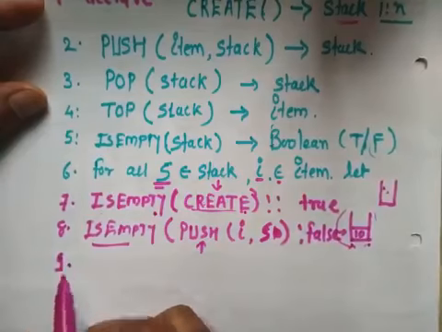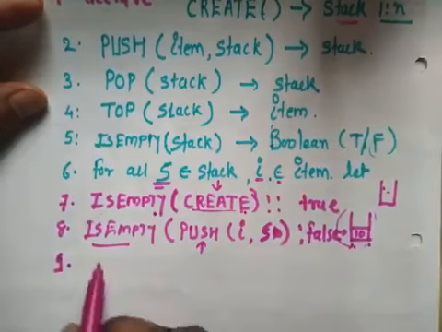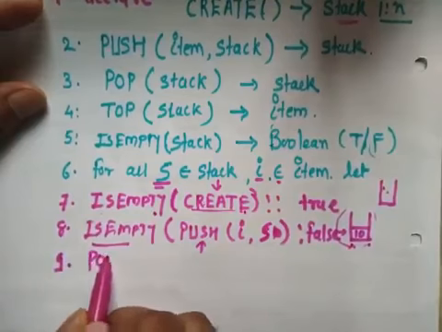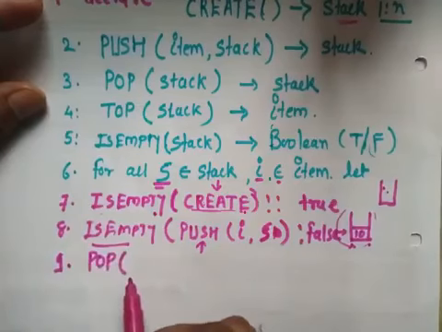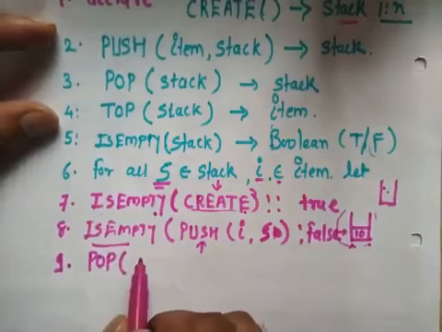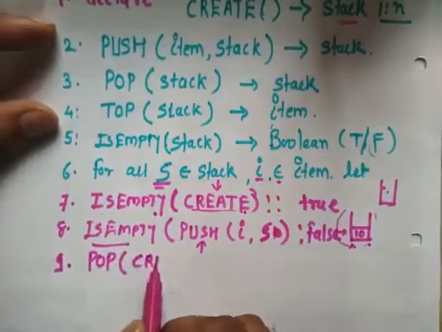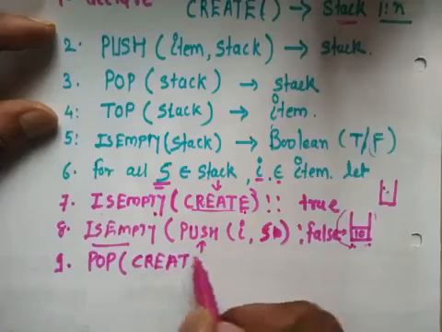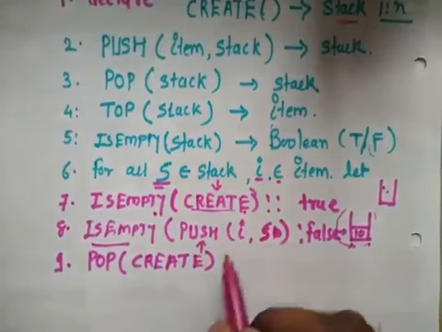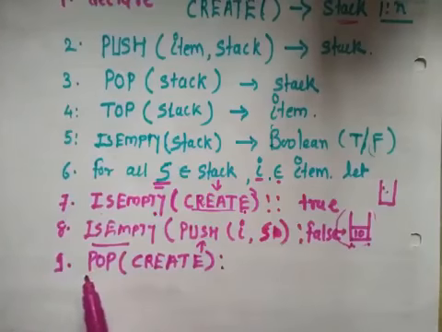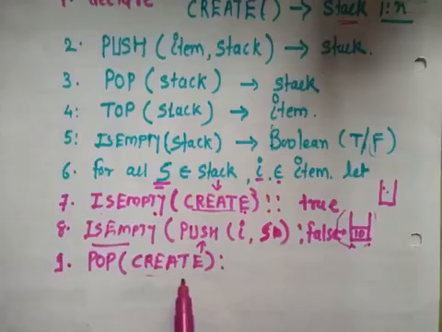Okay, next, that is the axiom for the pop operation. Now what I'm going to do is pass a create operation to the pop function. Here, I call the pop function, and to that pop function I pass the create function.